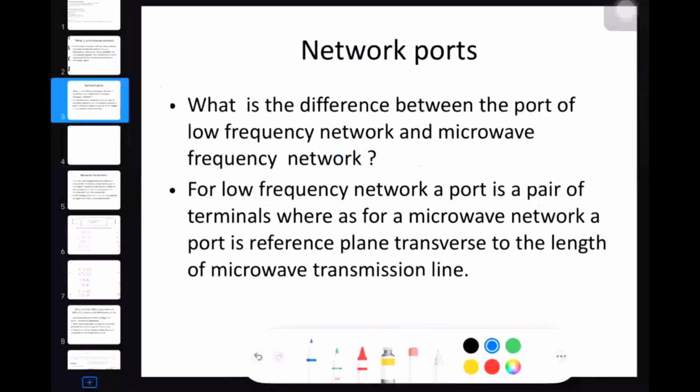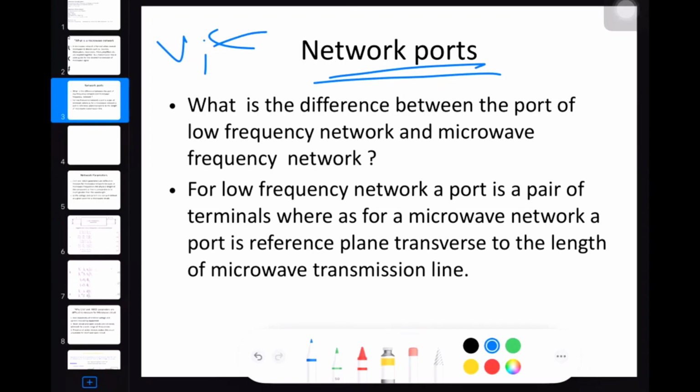Okay. So coming to network ports, that is microwave network ports. What is the difference between the port of a low frequency network and a microwave frequency network? In a low frequency circuit, whenever I give an input voltage, there is no reflected signal.